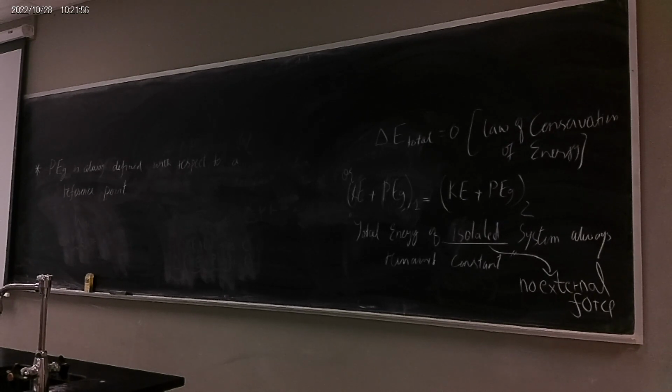If I take the ceiling as a reference, what do I need to know for the potential energy of this book? Whatever is the distance from the ceiling to the book, and it's going to be negative, times gravity again and its mass. So my reference line can change the potential energy. Potential energy could be different with respect to the reference point.